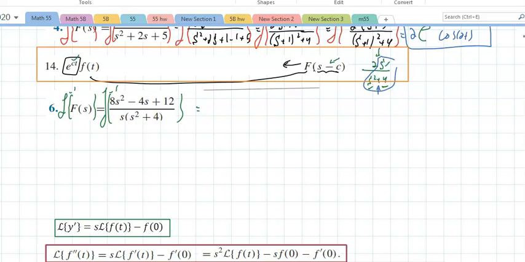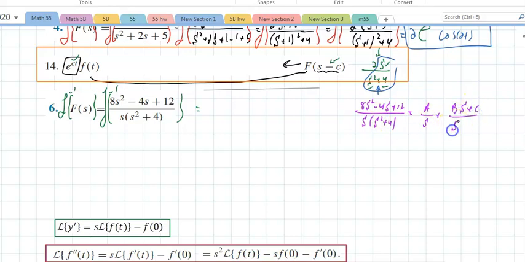So if I look at this problem, I would say, well, let's see. Where would 8s squared minus 4s plus 12 come from? Again, the reason I'm doing this, I don't have one of those in the table.